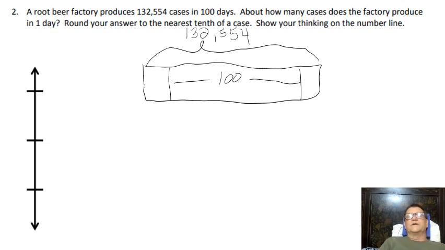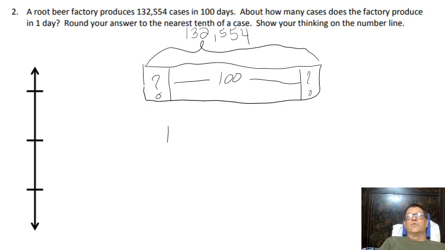Now, they want to know how much in 1 day. This is representing 1 day right here in both places. So I can see by this 132,554, and we're going to have to divide that by 100.